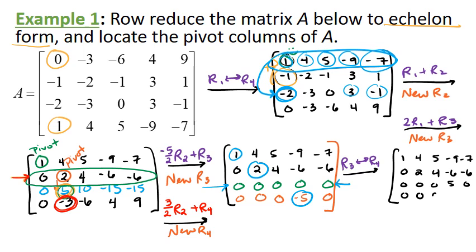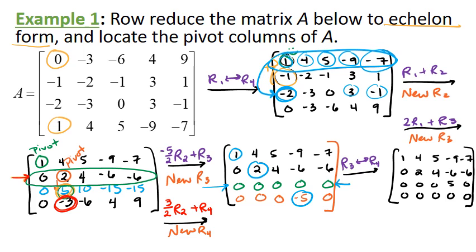Now, we have not been asked to solve this. All we've been asked to do is write this in echelon form, which it is, because everything below our pivots is 0. So what I want to do is, it asks us to find our pivot columns.